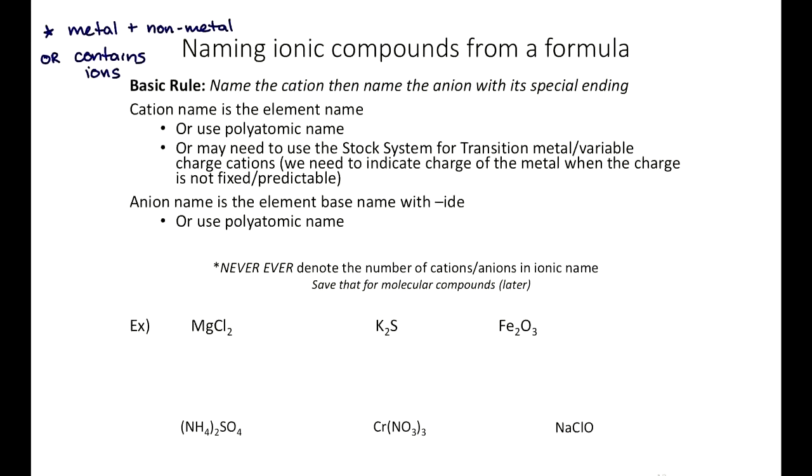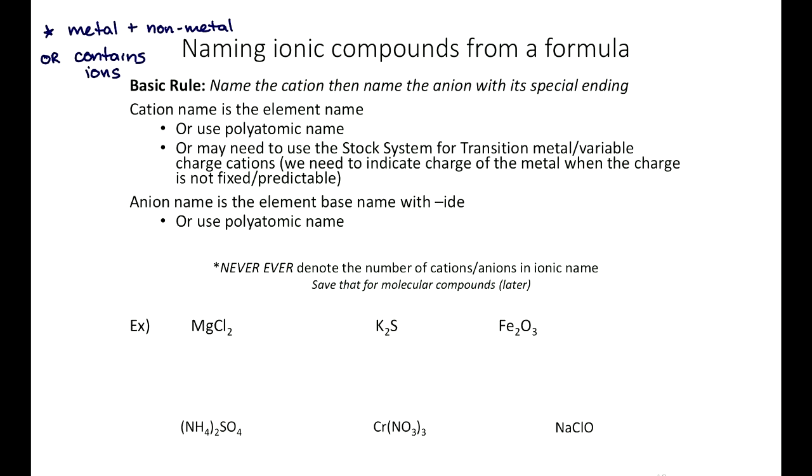All right, so now let's finally name ionic compounds. So again, the important thing to name an ionic compound is you need to first identify it as an ionic compound. If it's not an ionic compound, the naming convention is not going to work. So what you want to look for, usually, is a formula that has a metal and a nonmetal in it. Because metals tend to form what kind of ion? Cations.